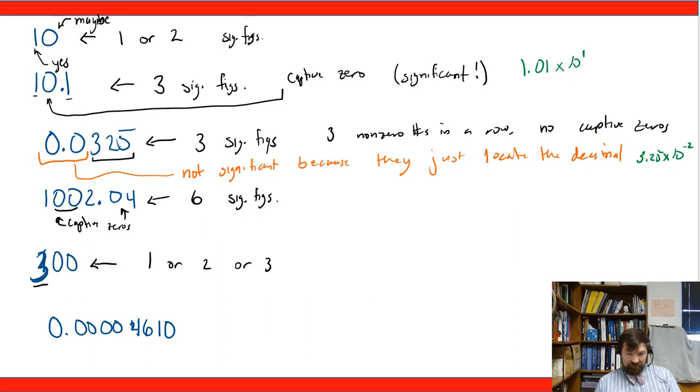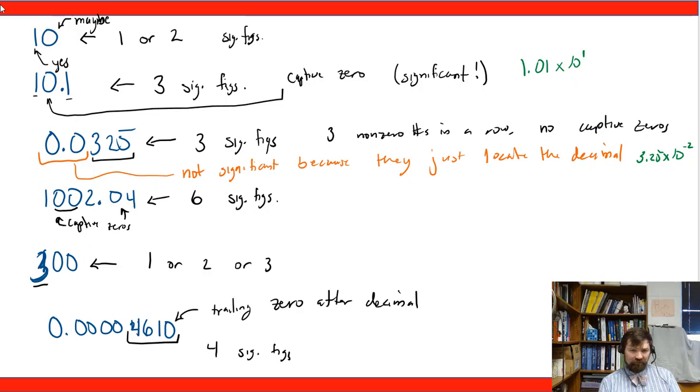All right, this one right here, we actually have 4 significant figures. This one right here is a trailing 0 after the decimal. And so there are 4 sig figs. Okay, one more just for variety. I have this number up here, 10.